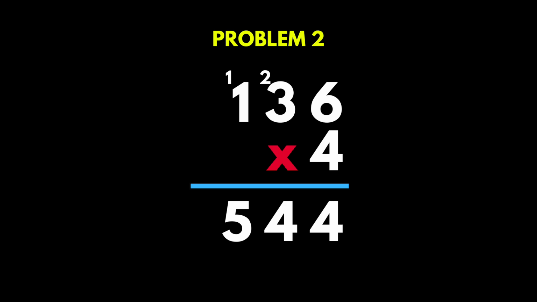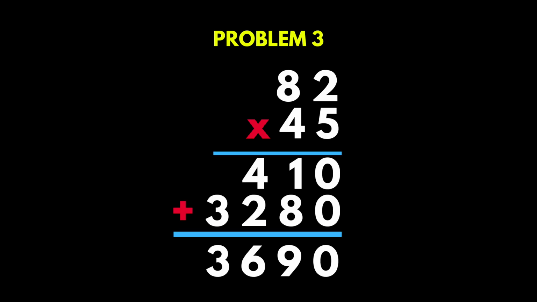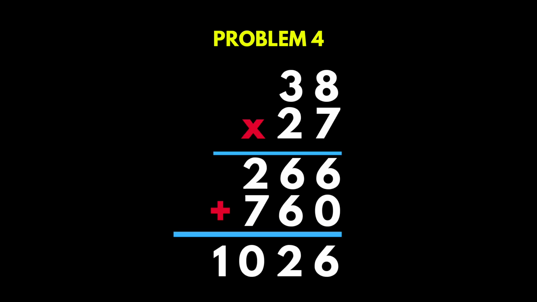Write 4, carry 1. 1 times 4 is 4, plus 1 is 5. So your answer is 544. Problem 3. 82 times 45 equals 3,690. Problem 4. 38 times 27 equals 1,026 seats.